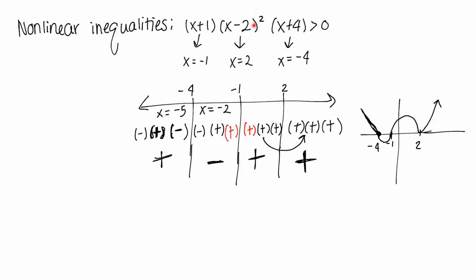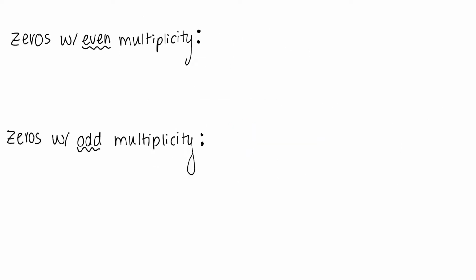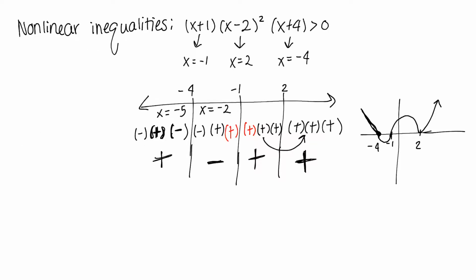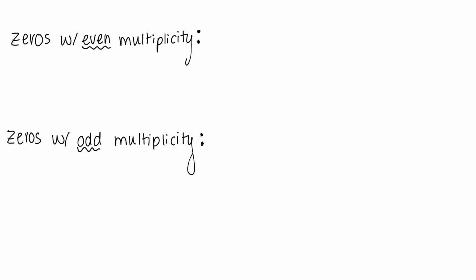And now we're talking about the power on each factor being called a multiplicity. So let's expand. If you have an even multiplicity, your graph is going to bounce off the x-axis at that 0.